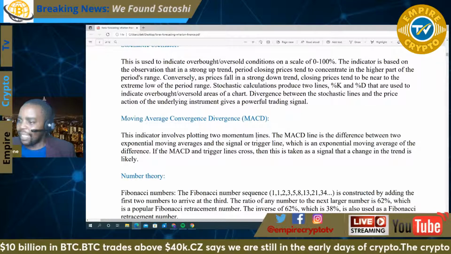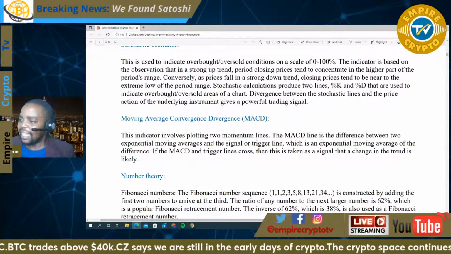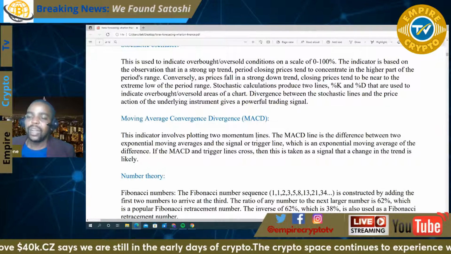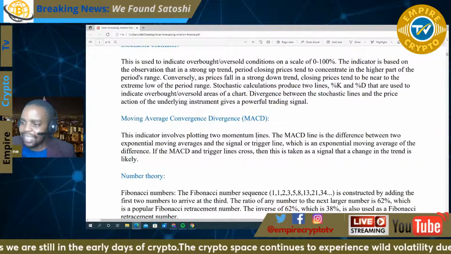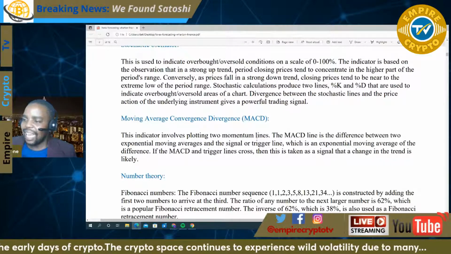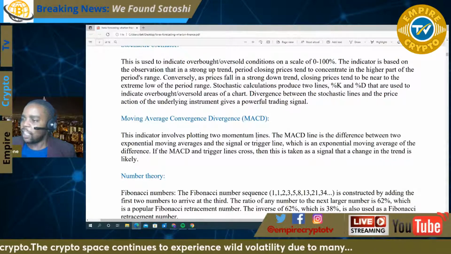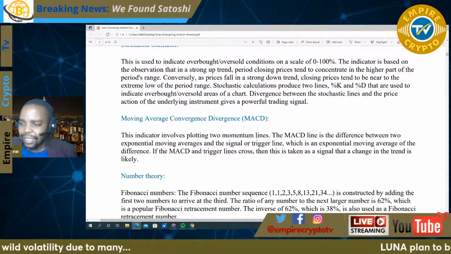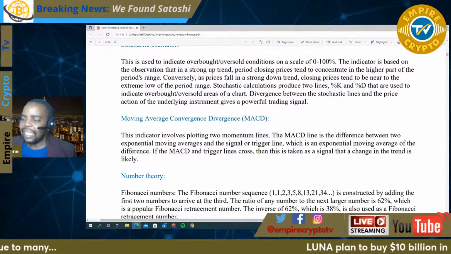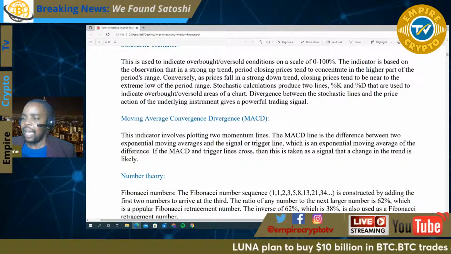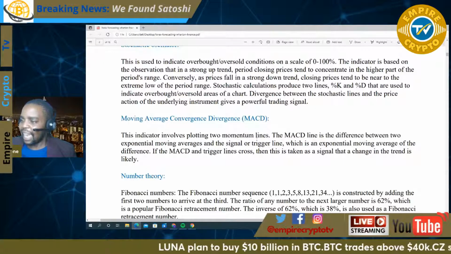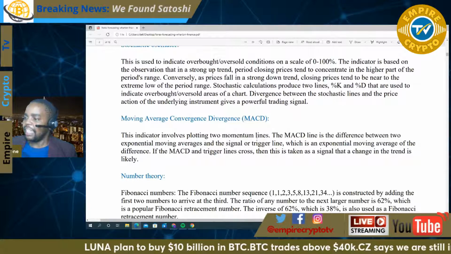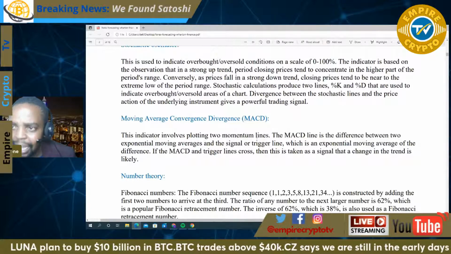The MACD line is the difference between two exponential moving averages, and the signal or trigger line is an exponential moving average of the difference. If the MACD and the trigger lines cross, then this is taken as a signal that a change in the trend is likely.